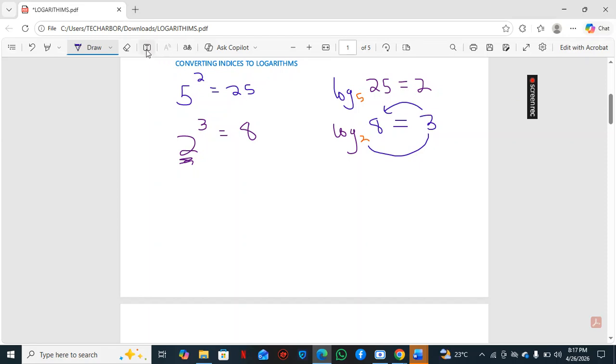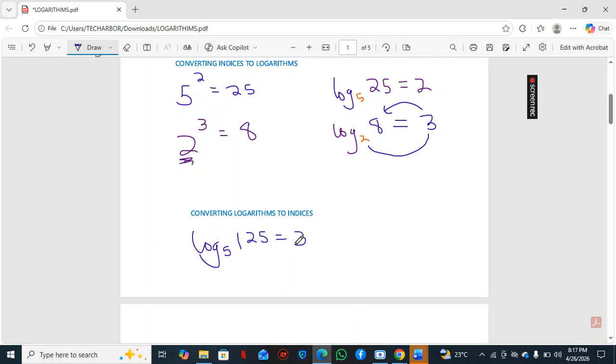Now, I'm going to show you how to convert logarithms to indices. For example, you can have log 5 of 125 equals 3.